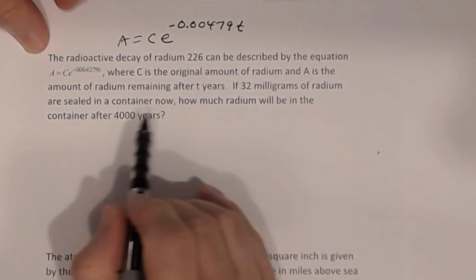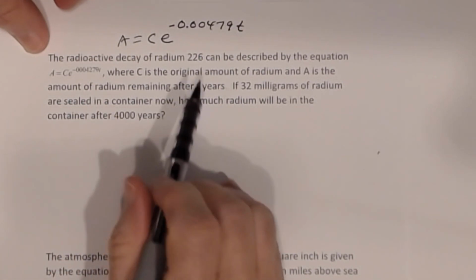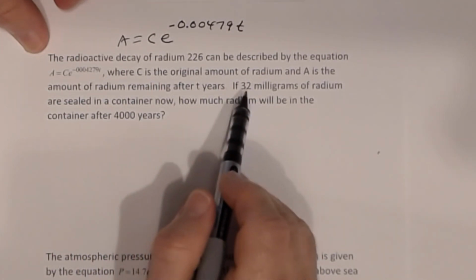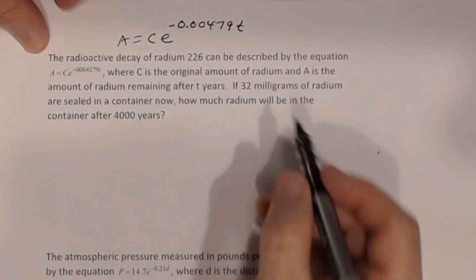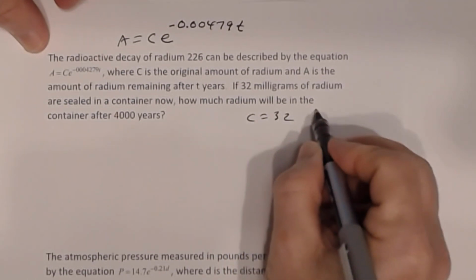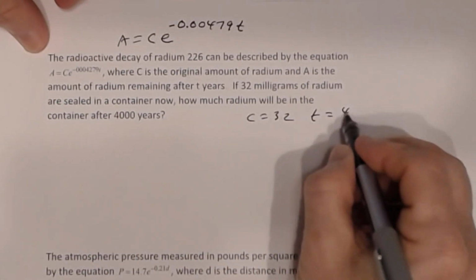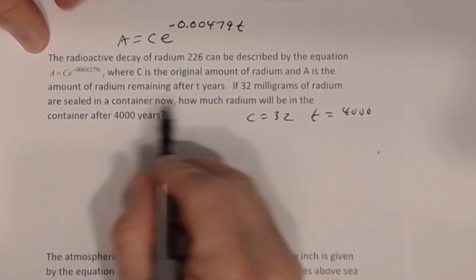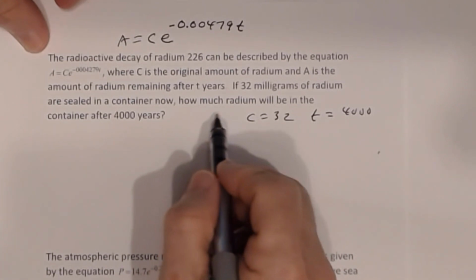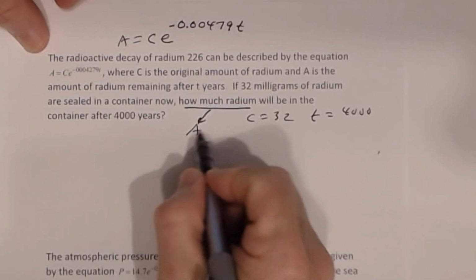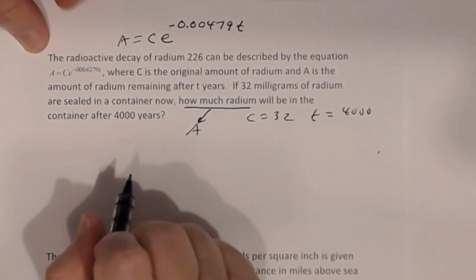Obviously, it's not T because T is this 4,000 years, right? So remember what C is. C is the original amount of radium. Well, this is your original amount of radium. So C in this case is 32, okay? And T is 4,000 years. And you're asked to find how much radium will be in the container, so that's A. Okay, so remember A is the amount of radium remaining.